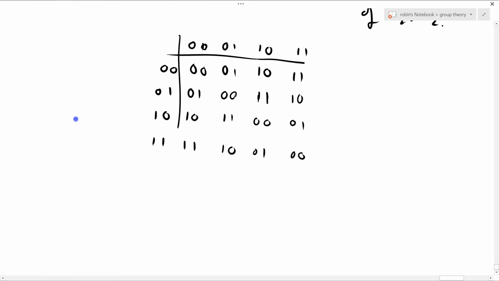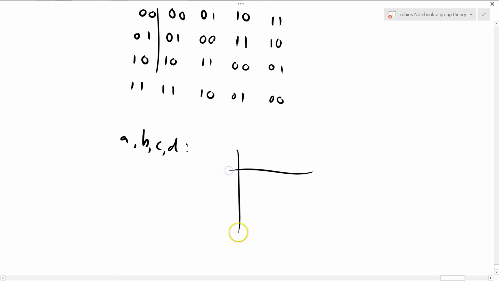I'm going to relabel them A, B, C and D, because it might be a nicer and more easily recognizable group table. There's my operation.